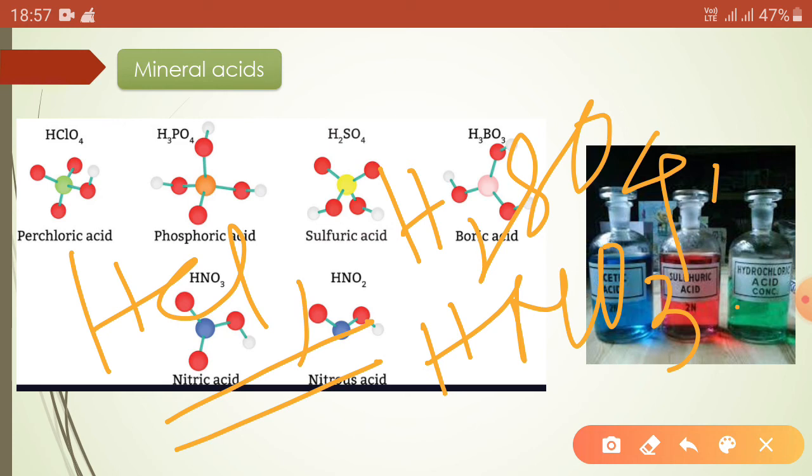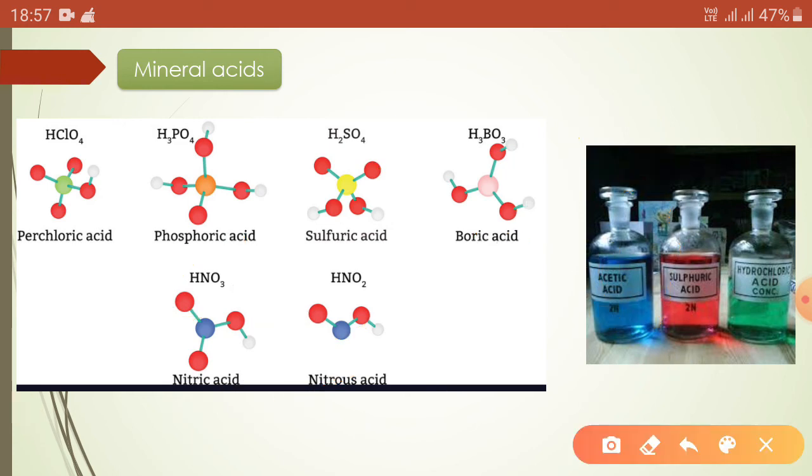When an acid is dissolved in water, it dissociates hydrogen ions. The dissociation of hydrogen ions in aqueous solution is the common property of all acids. Because of this dissociation of hydrogen ions in aqueous solution, an acid shows acidic behavior.